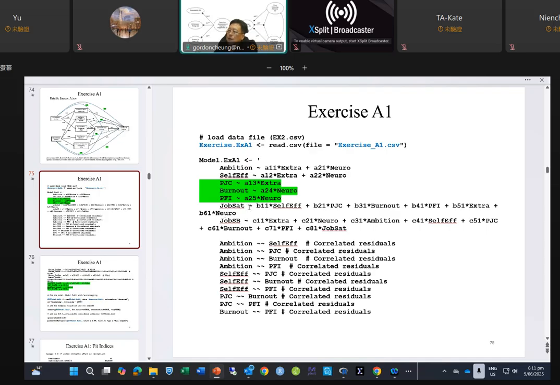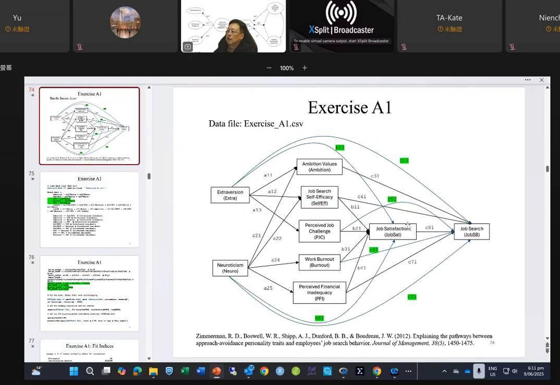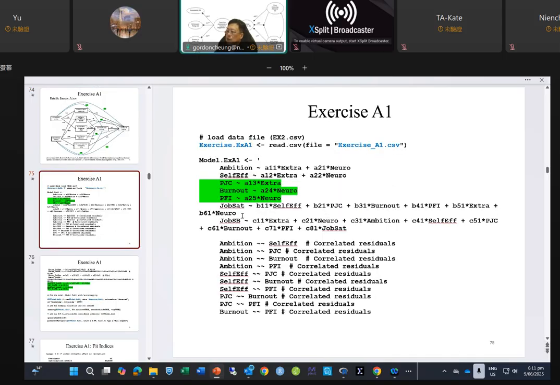Job satisfaction. Okay, so how many paths? We have B11 times self-efficacy, B21 times PJC, B31 times burnout, B41 times PFI, B51 times extra plus B61 times neural.